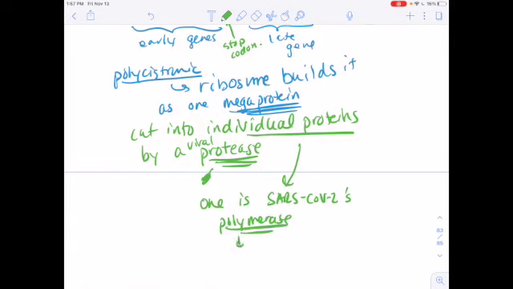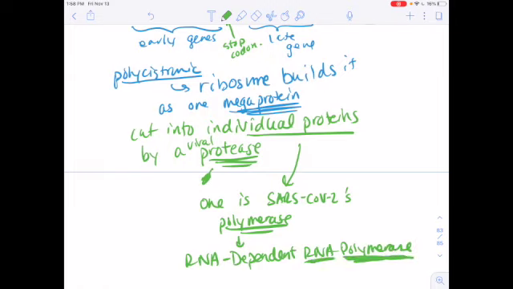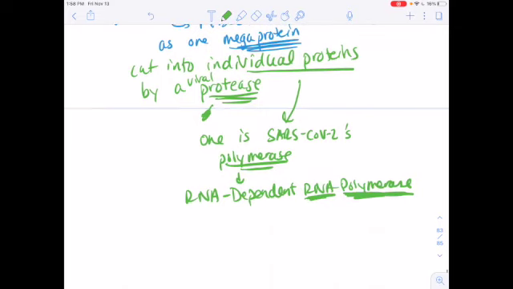And it is what is called an RNA-dependent, so it needs RNA as its template, an RNA-dependent RNA polymerase. RNA polymerases usually use DNA as a template, but RNA-dependent RNA polymerases make a copy of RNA from RNA.